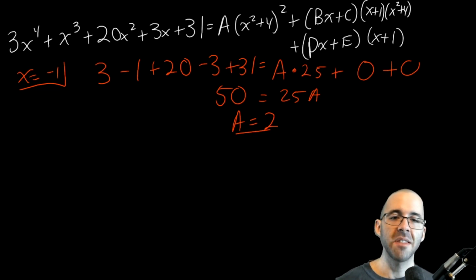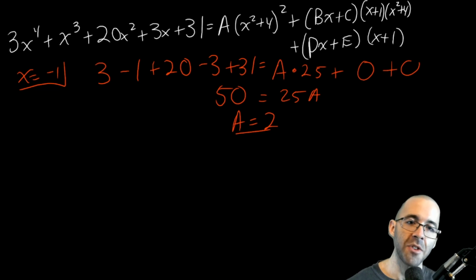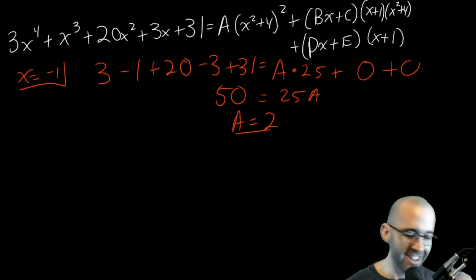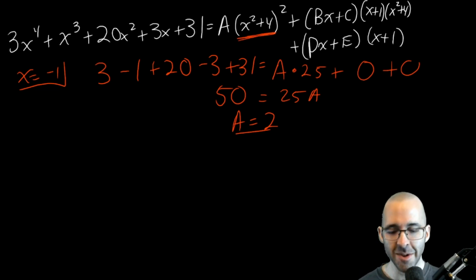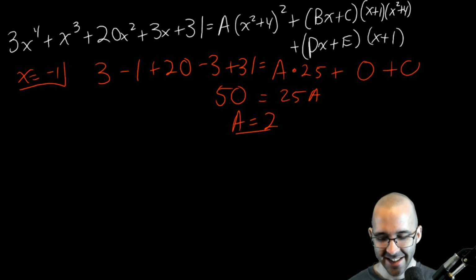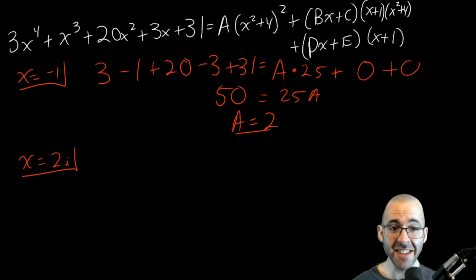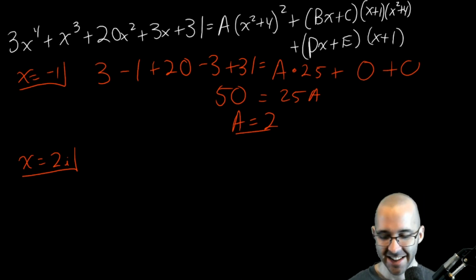All right, what happens if x is equal to 2i? That's the root, the complex root of this guy. If x is equal to 2i, what does the left-hand side become? 3 times 2i to the 4th power plus 2i cubed.